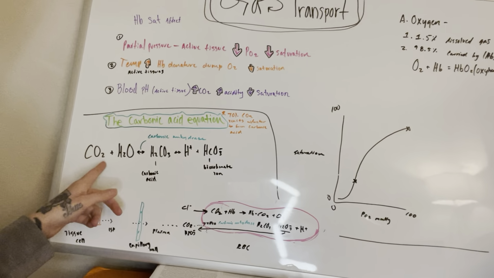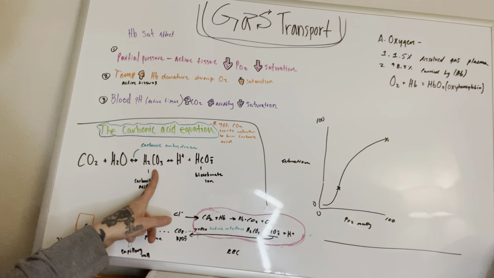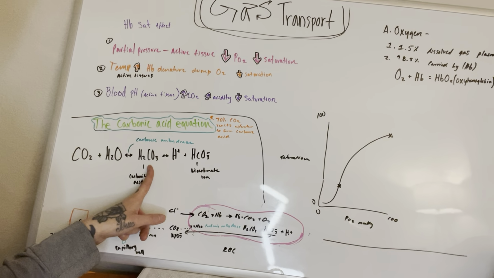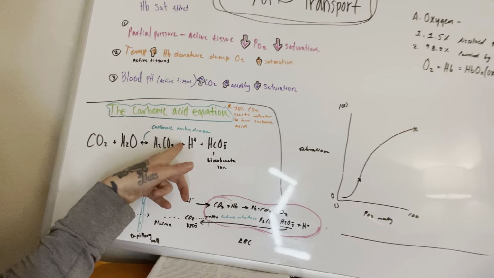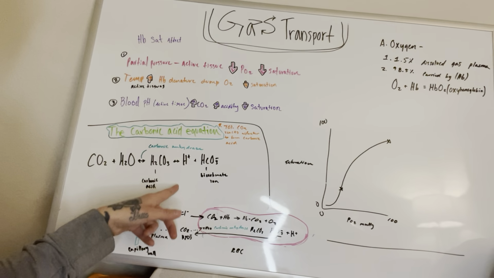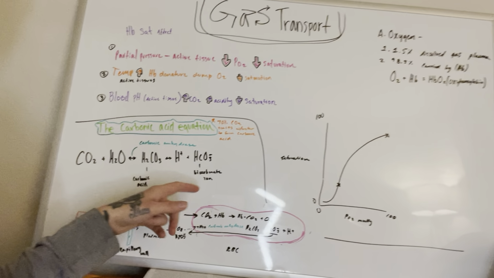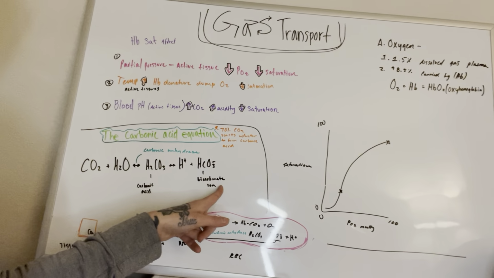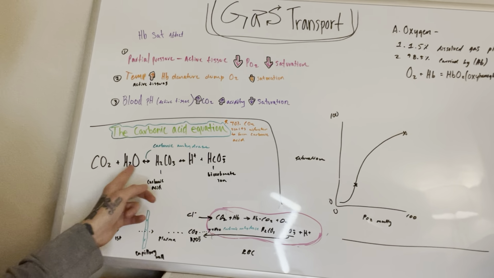It's going to catalyze this reaction, and we're going to create carbonic acid. Okay, and when carbonic acid dissociates, we have hydrogen ions and bicarbonate. And the arrow is going backwards because this system can be run forward and backward.